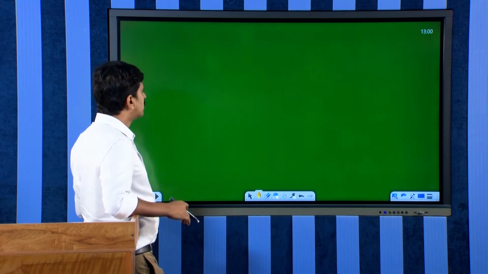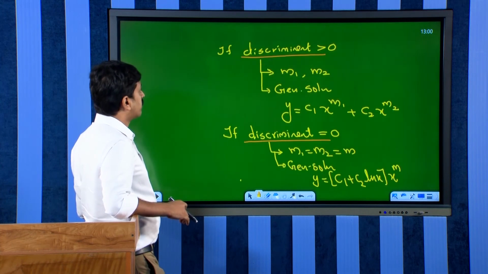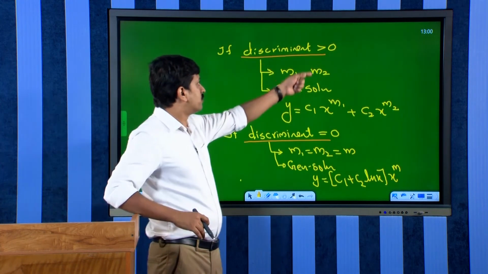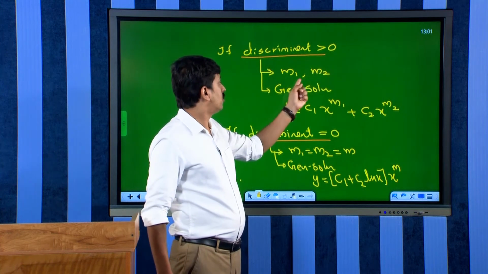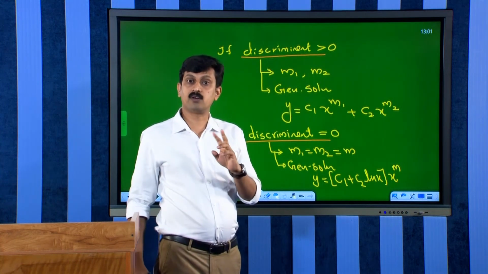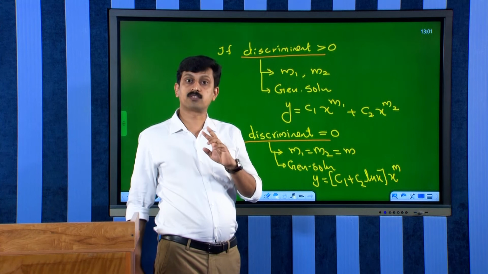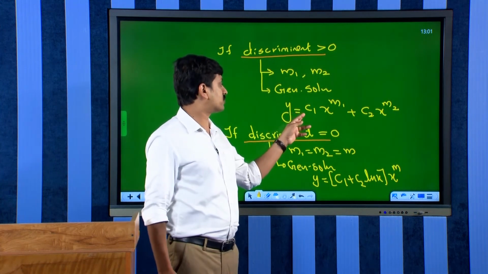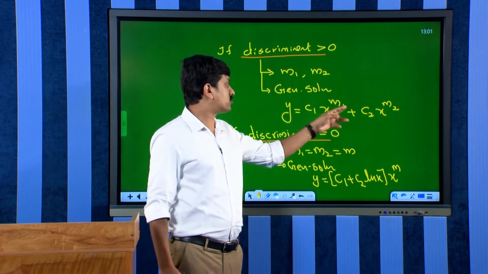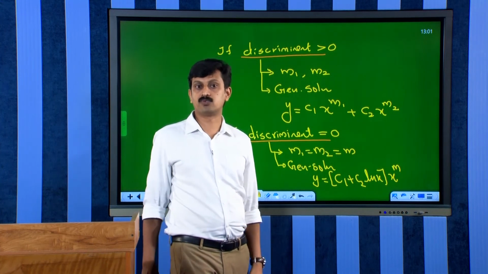See, dear students, we have the formula for the general solution. Because the discriminant is greater than 0, you will get real and distinct roots for the auxiliary equation. We will have the general solution as C 1 x raised to m 1 plus C 2 x raised to m 2.